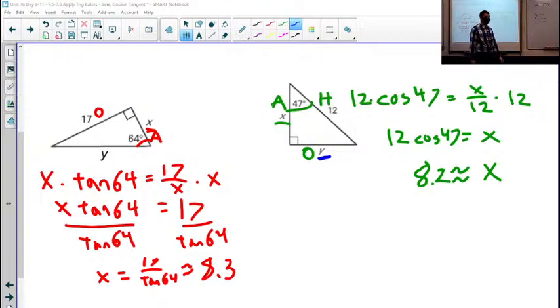I'll give you about 10 seconds because this one should go quick. Sine put A, cosine put B, tangent put C. See if you can write the fraction on the other side.